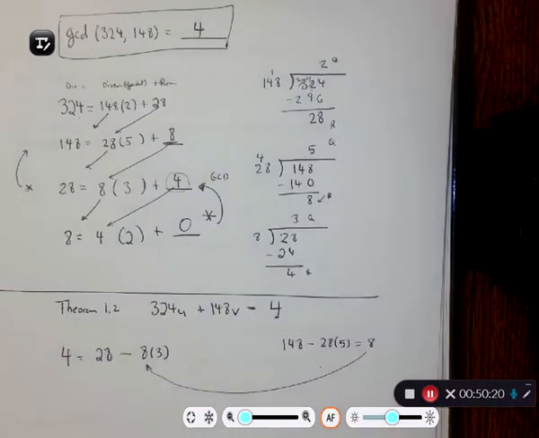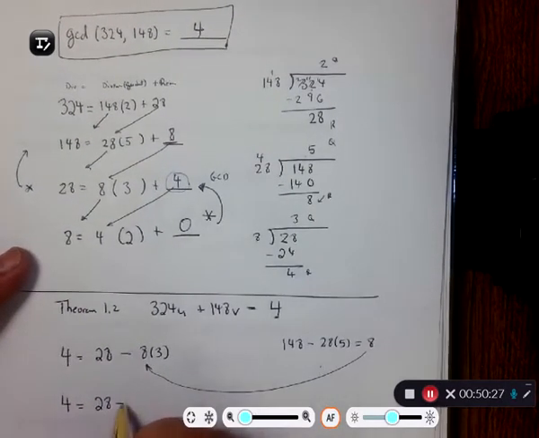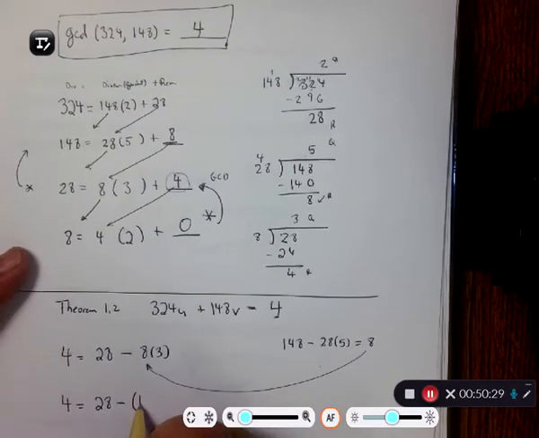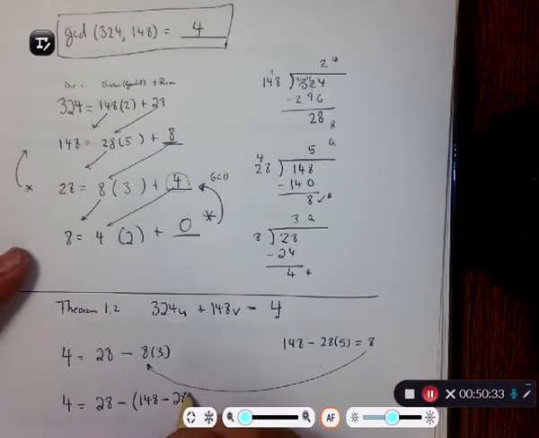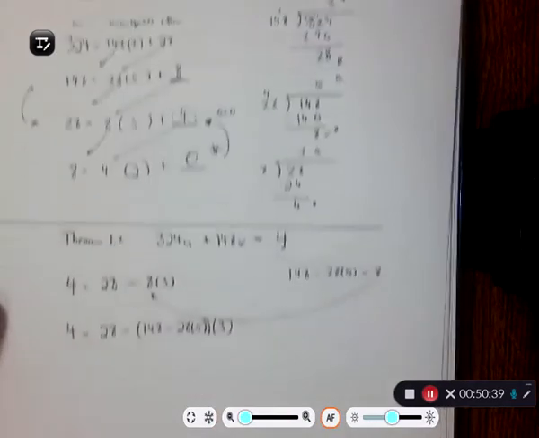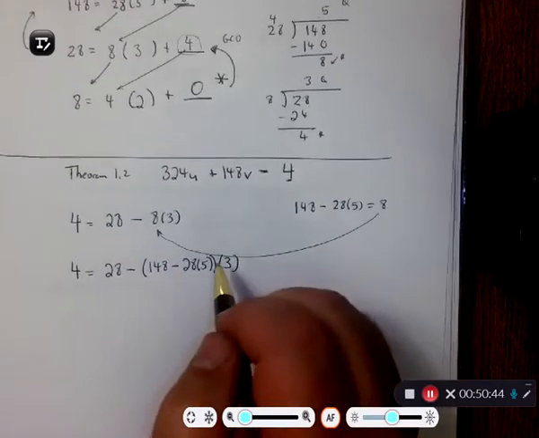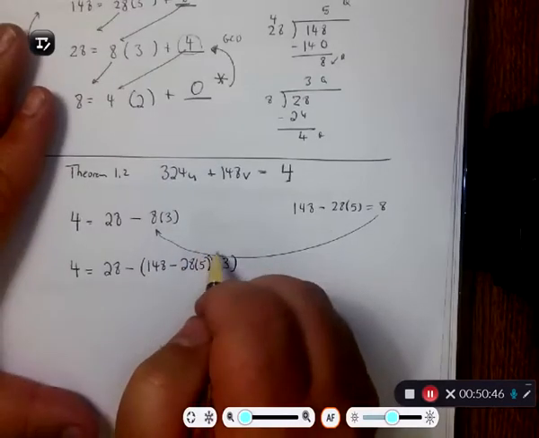And watch the algebra here. So what I get is 4 is equal to 28 minus, and replace that 8 with a parentheses, 148 minus 28 times 5, and that 3 still stays there, times 3. Now, you've got to clean it up. I'm going to distribute, and I'm going to distribute the negatives. Watch what happens.